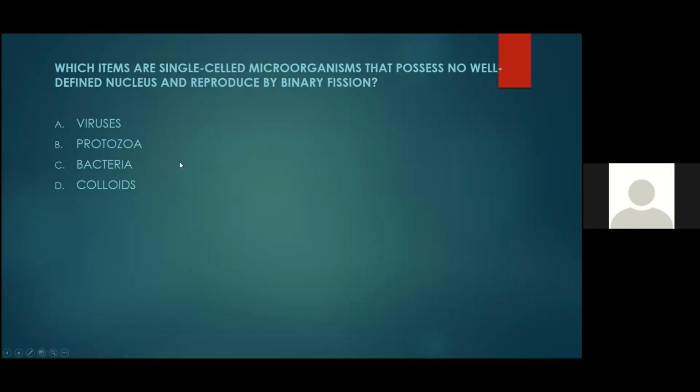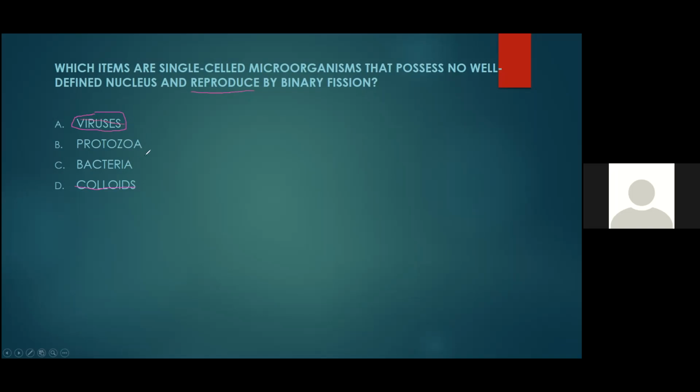A whole mix of answers here. I think I got one of everything. Let's go through some of these. This is why we do this. Colloids is out, we know what a colloid is. A virus needs a host, you're the host, that's how it reproduces, so we know that's not it. That leaves these two.